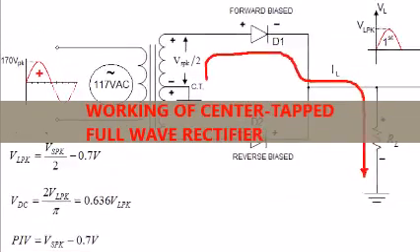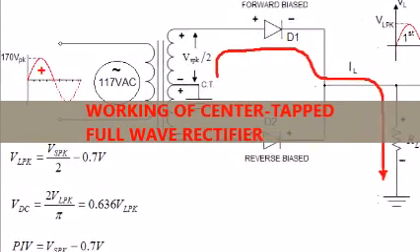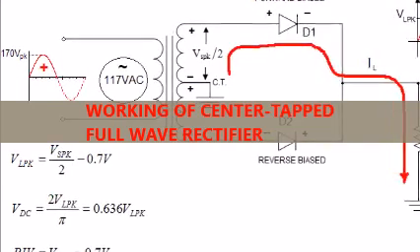At this instant, diode D1 will be forward biased and diode D2 will be reverse biased. As explained in the theory behind PN junction and characteristic of PN junction diode, the diode D1 will conduct and D2 will not conduct during the positive half cycle. Thus, the current flow will be in the direction P1, D1, C, A, B, G, and D. Thus, the positive half cycle appears across the load resistance R load.